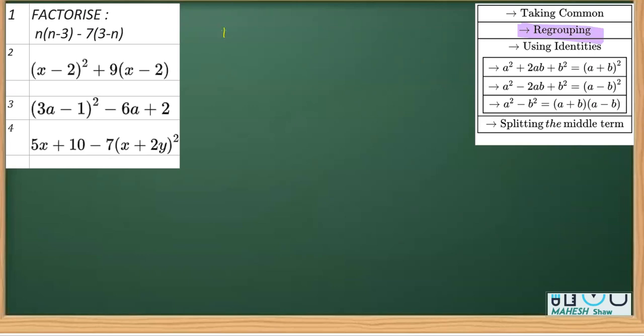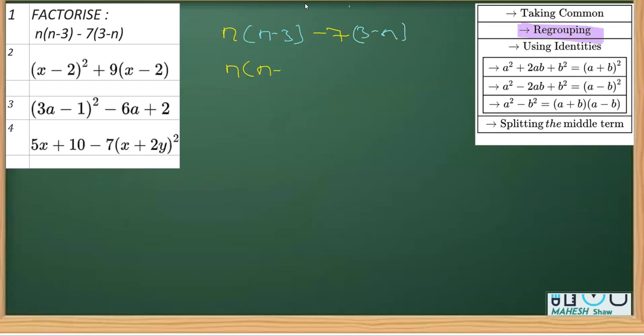In the first part, we have the question n(n − 3) − 7(3 − n). What you should notice here is that this is n − 3 and this is 3 − n. They could be taken common, provided you take a minus sign common.